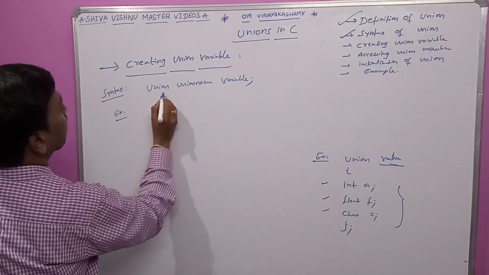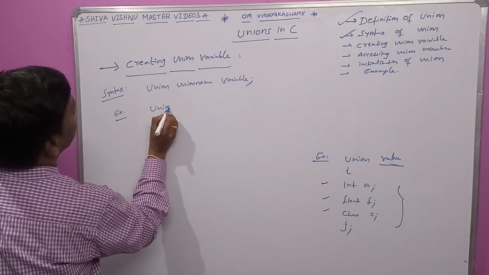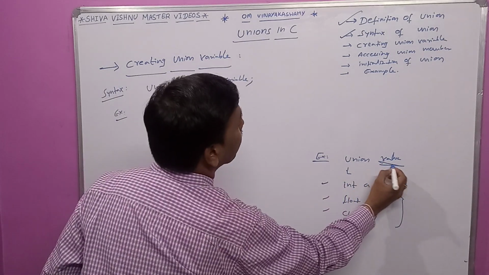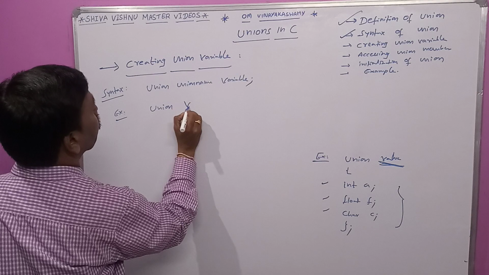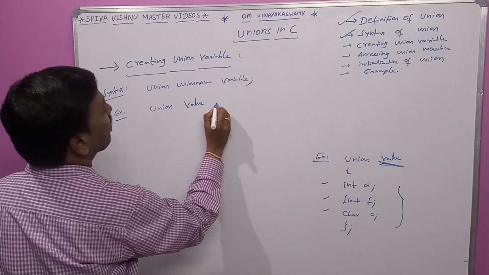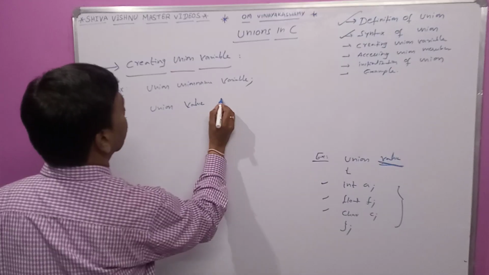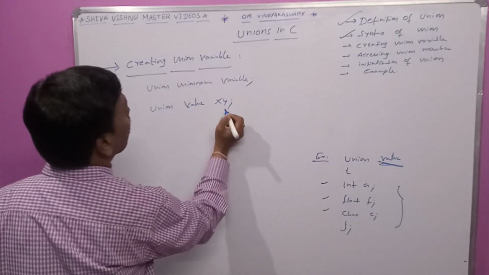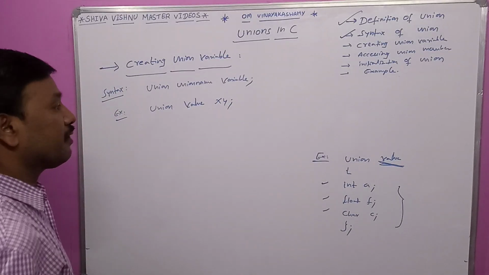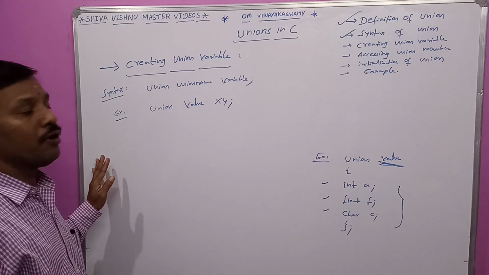Example: union is a keyword, value is the union name, and xy is the variable. You can take any variable name, but don't take keywords as a variable name.